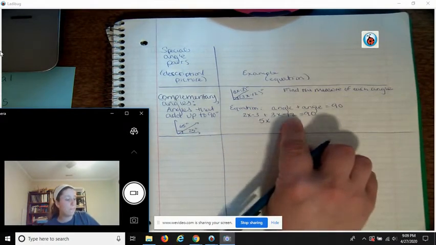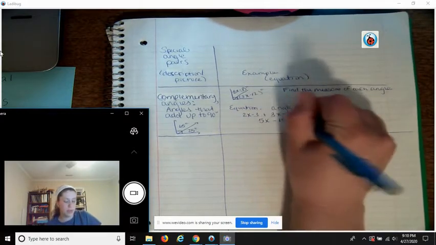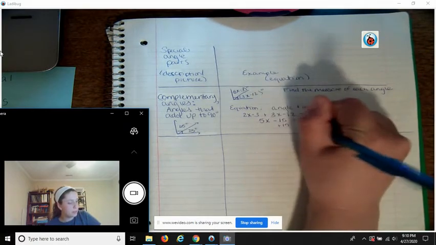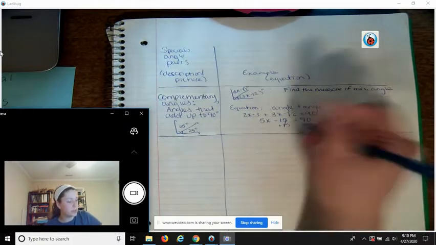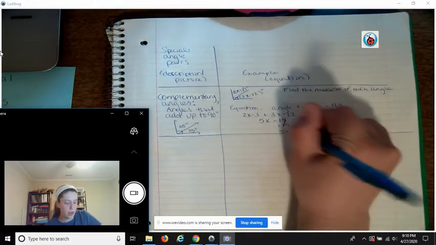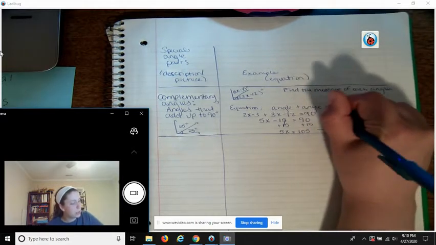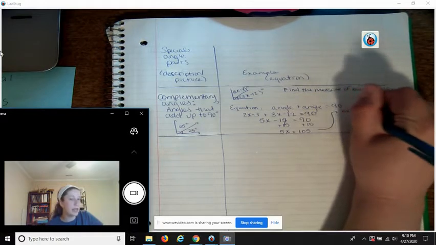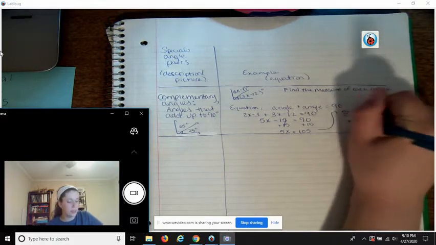Negative 12 minus 3 should give me negative 15. That equals 90. Add 15 to both sides. 90 plus 15 gives me 105, so 5x is equal to 105. I'm going to divide both sides by 5, so my x should give me 21.